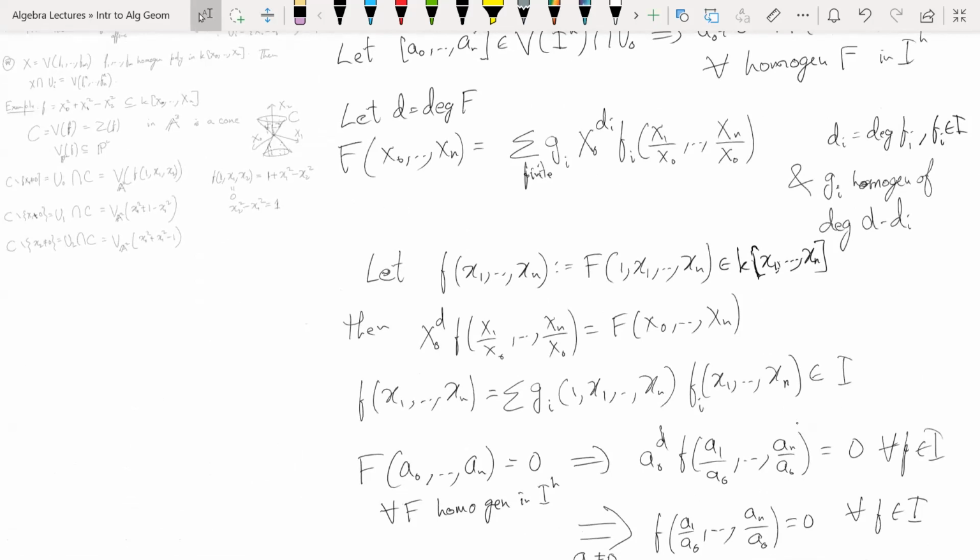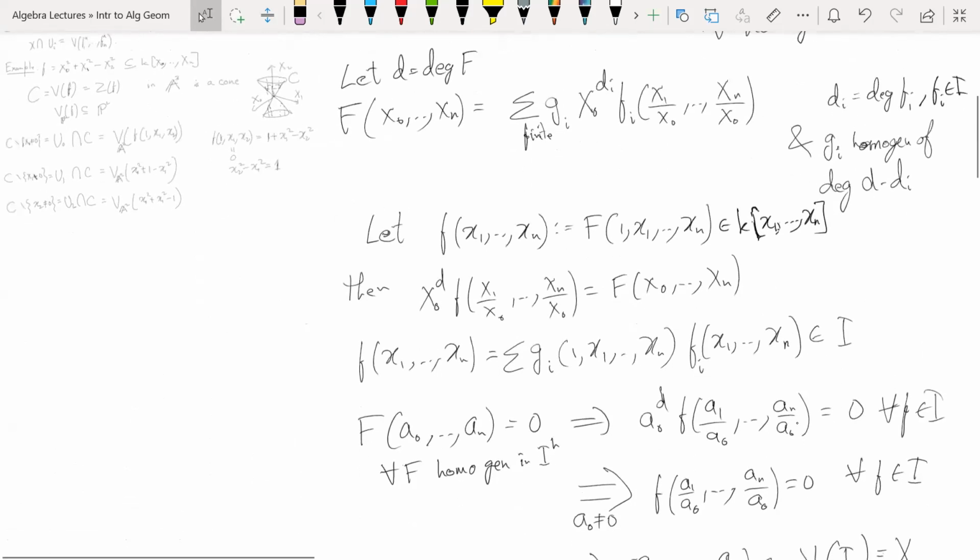Because if you do x naught power d f(x1 over x naught, ..., xn over x naught), you will get capital F(x naught, ..., xn). And if you plug in x naught equals 1 in capital F, then you get little f.